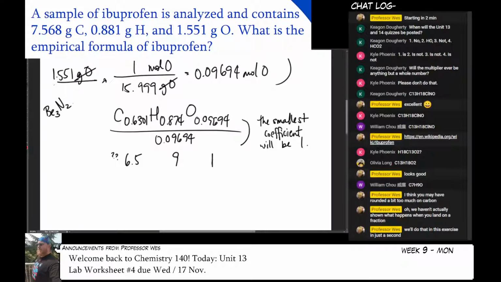So what we have to do now is clear the fractions by multiplying. We don't do any more division, because that would just make numbers smaller and more confusing. We're going to multiply by something that clears a fraction. Well, if 6.5 is the same as 13 halves, I could then times that by 2 to clear the fraction, right?